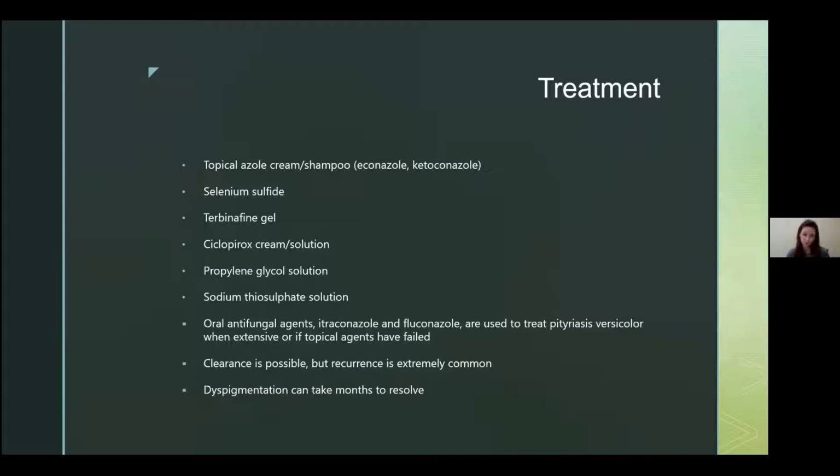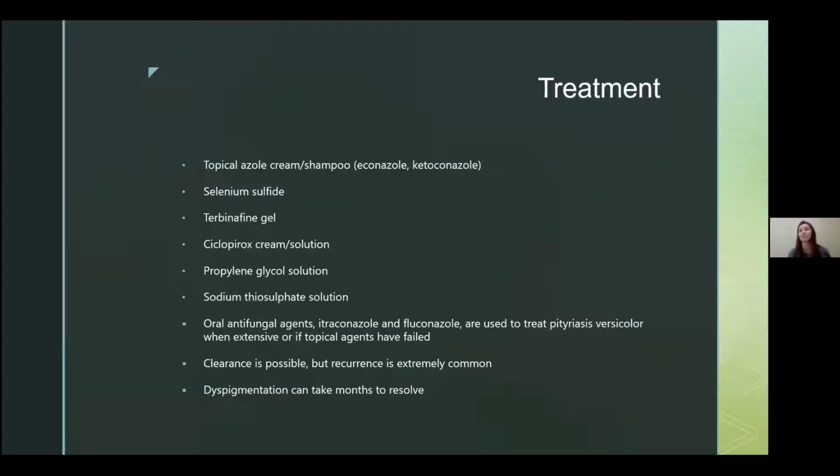What we look for as dermatologists, we look for the scale. So if the scale is not present, then that means that it's actually clear, but the discoloration takes months to resolve. So that's important, and that's something to warn patients about and let them know beforehand so that they're not overly concerned about the discoloration.